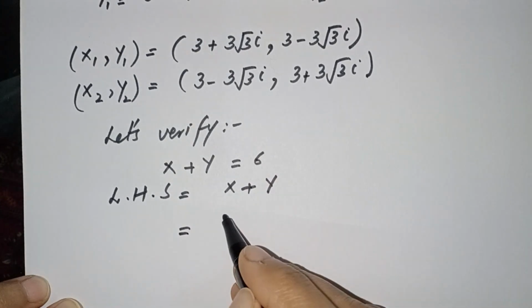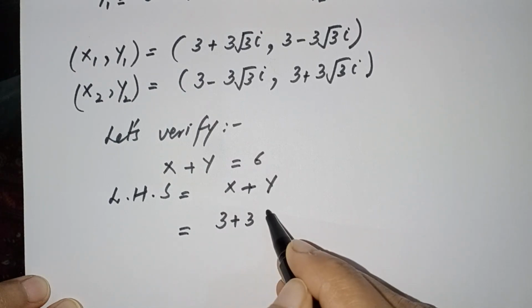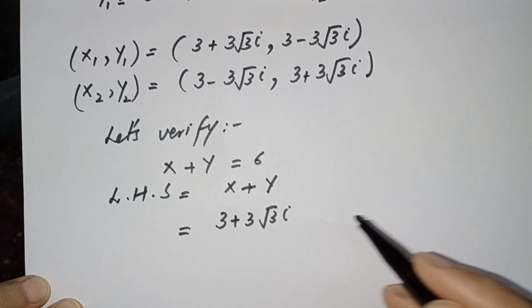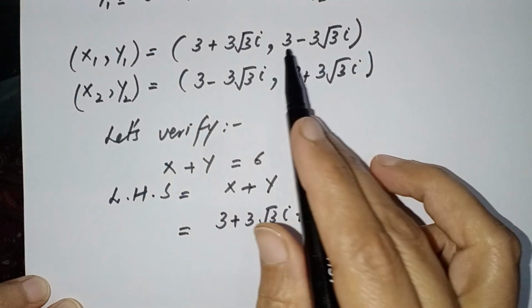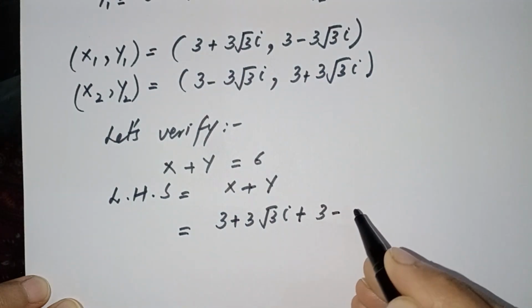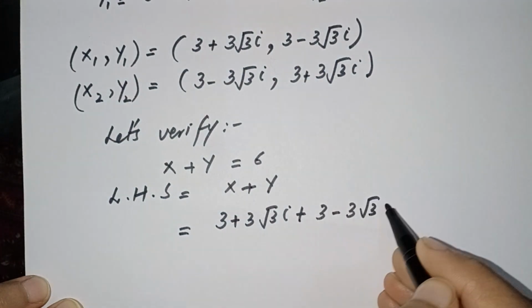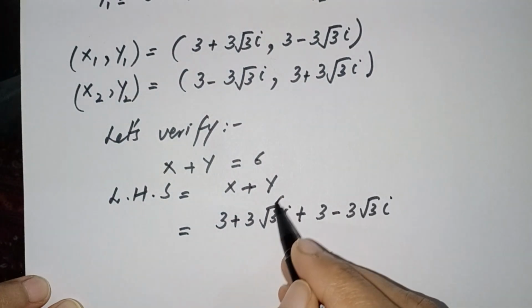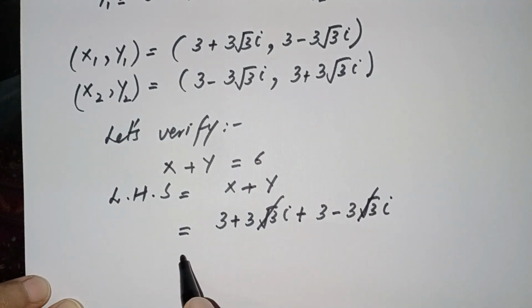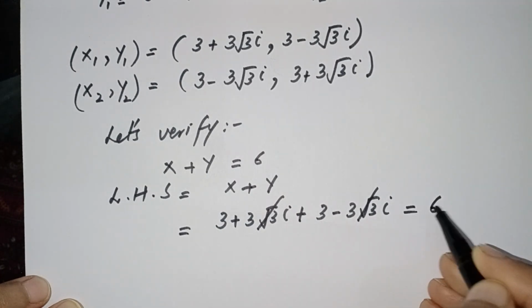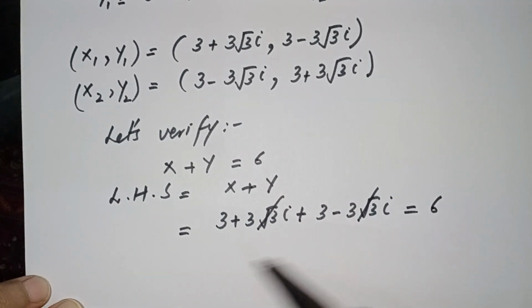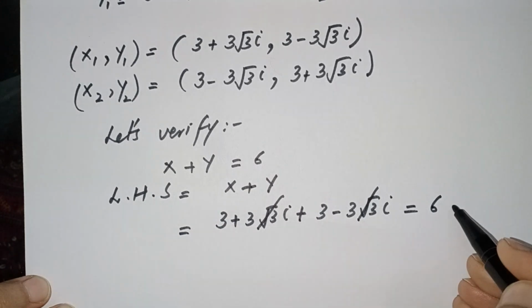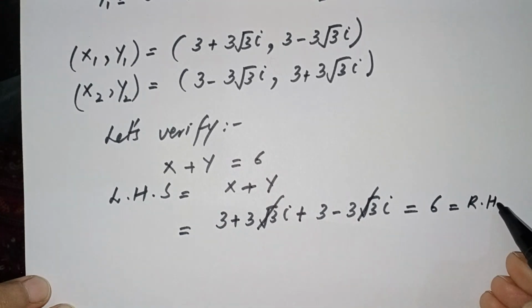So x is 3 plus 3 times square root 3 times i, plus y is 3 minus 3 times square root 3 times i. Here 3 times square root 3 i will cancel out with the minus 3 times square root 3 i, and we will be left with 6, which is equal to the right hand side.